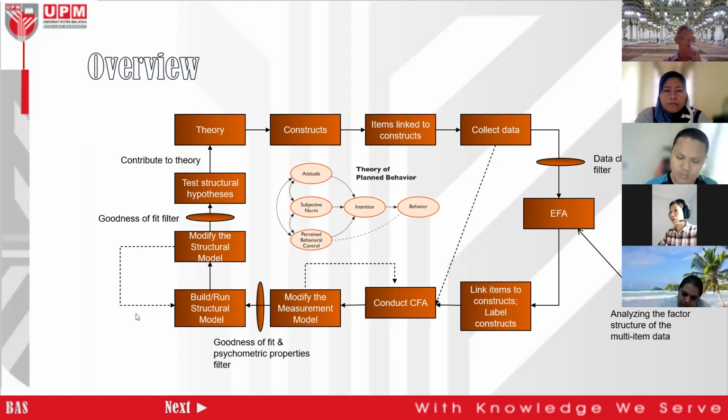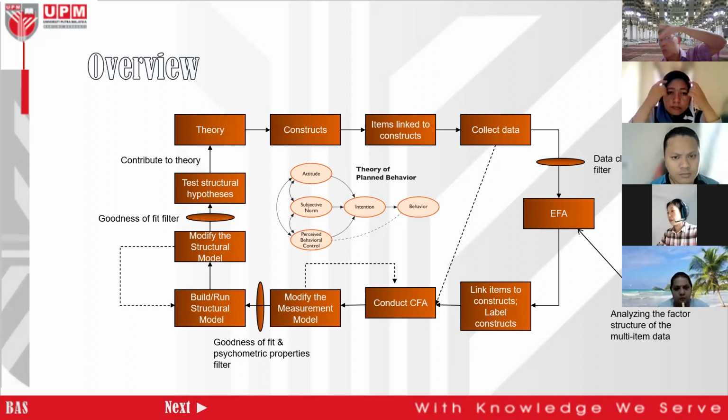And in your structural model, we have all the constructs together, but the difference between measurement model and structural model is that in the measurement model, we don't distinguish, we just combine the whole set of variables together as one model. But when we prepare the structural model, we need to declare which one will be the independent variable.